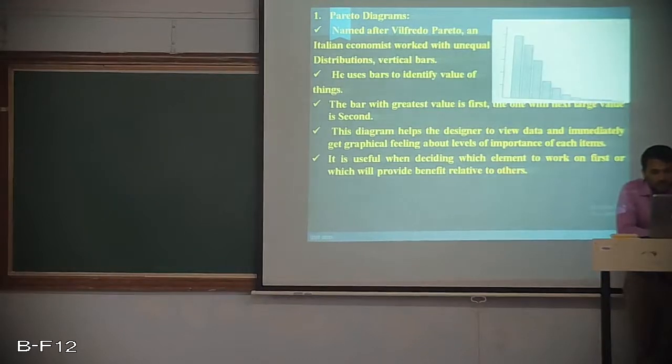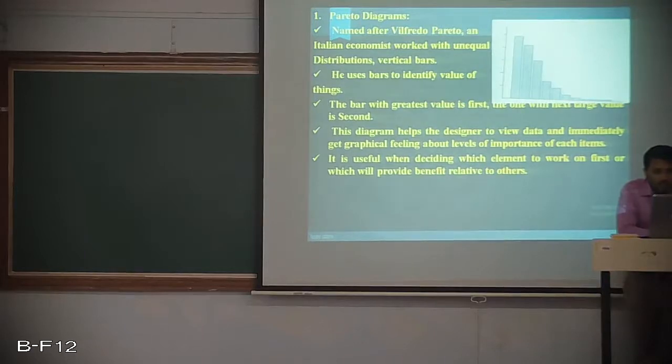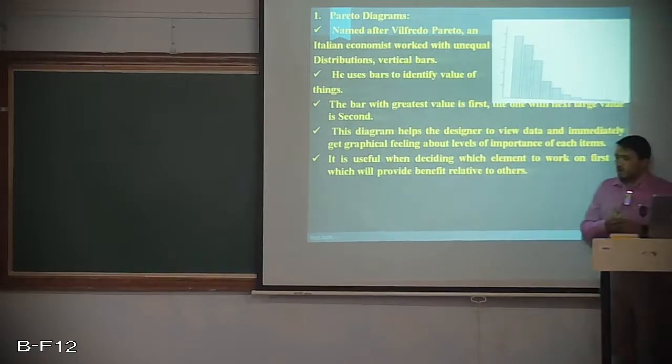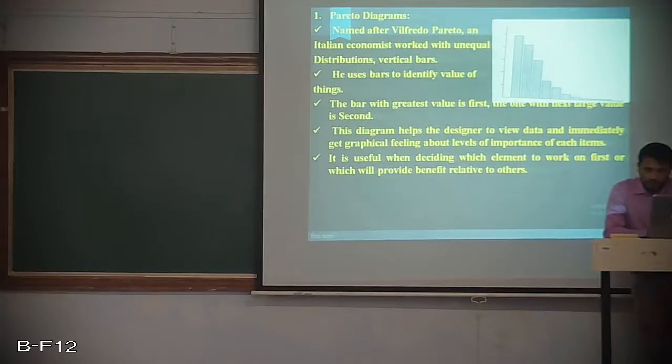This diagram helps the designer to view data and immediately get a graphical feeling about the levels of importance of each item. It is useful when deciding which element to work on first and which will provide more benefit relative to others. You can see the Pareto chart over here.